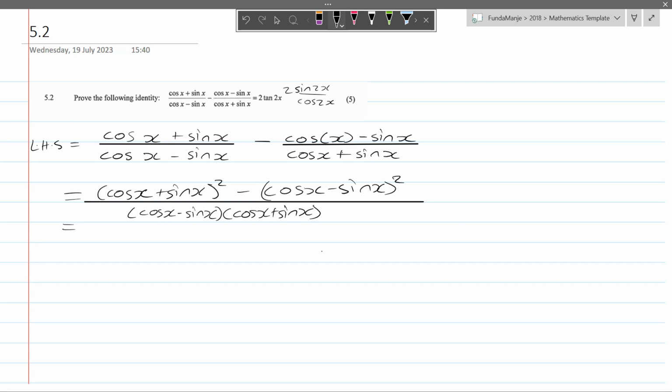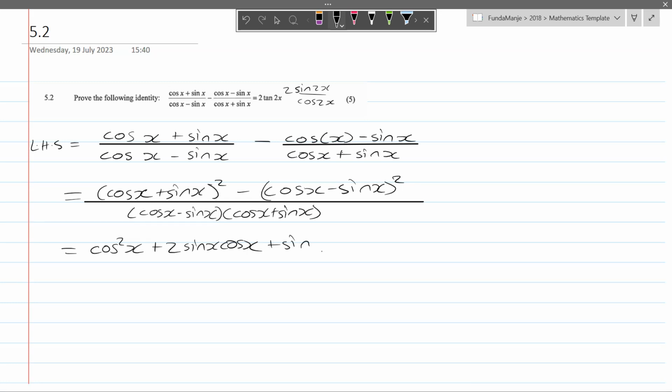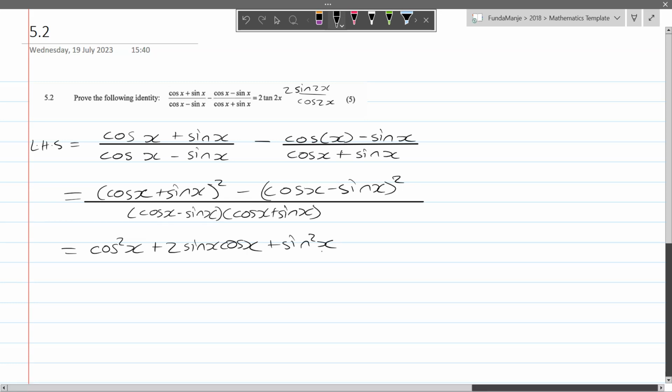there isn't much we can do. So what we're gonna opt for is to multiply out the numerator. We're gonna take our numerator and we're gonna FOIL on each bracket. So the first part we're gonna have cos squared x, then we're gonna multiply these two and multiply the result by 2. So it's gonna be 2 sine x cos x plus sine squared x, and then we're gonna have minus another bracket.